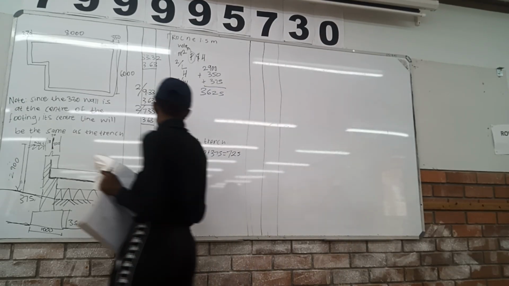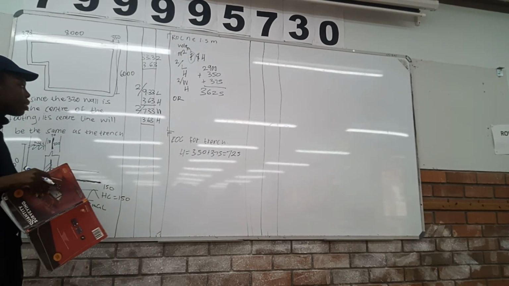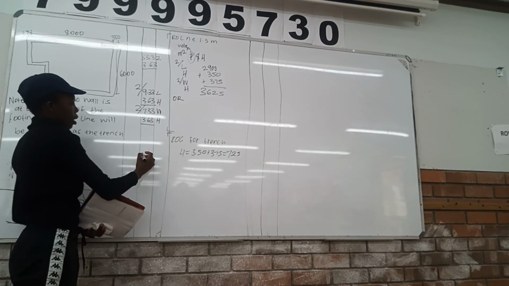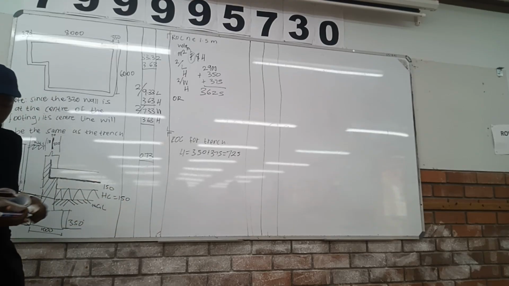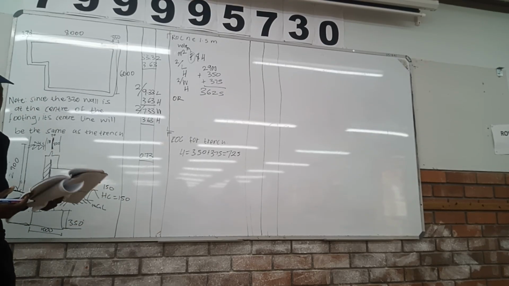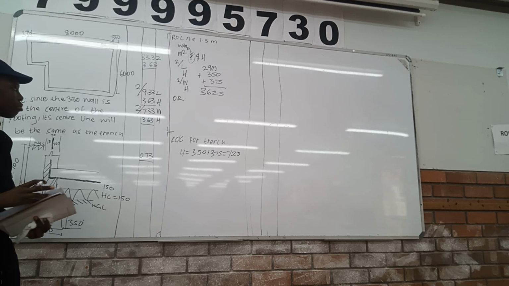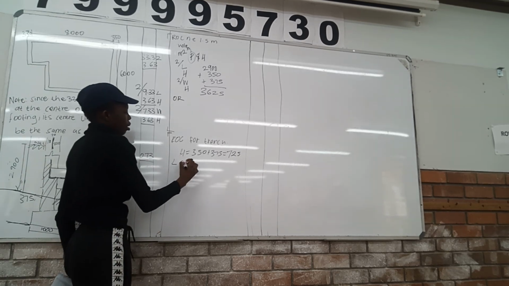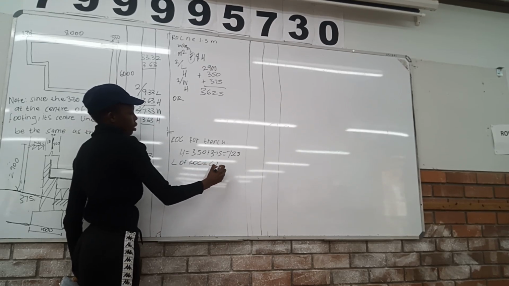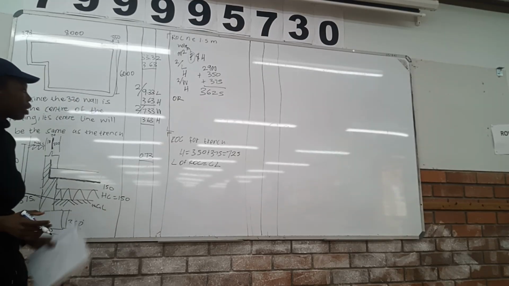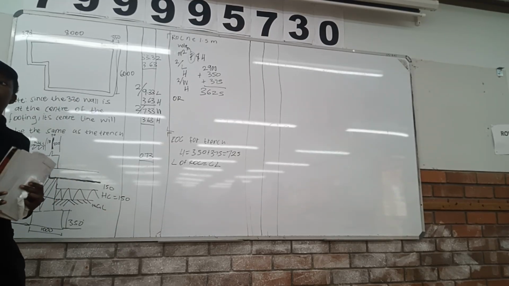And then risk of collapse for trench, what is the length here? So the height is 0.7. And what is the length? The length of trench, is it perimeter or is it center line? Center line. We calculated it on the corrections.